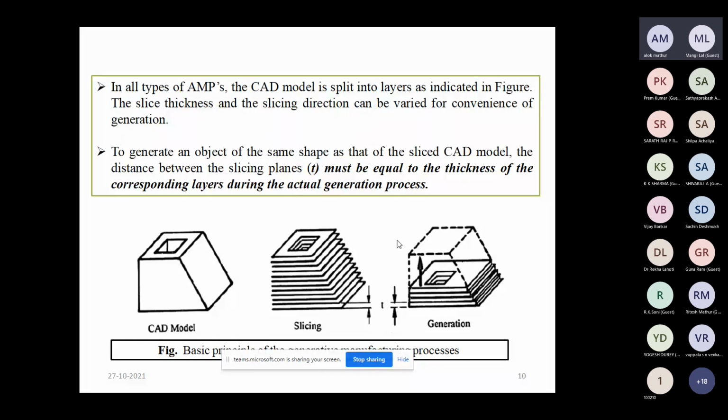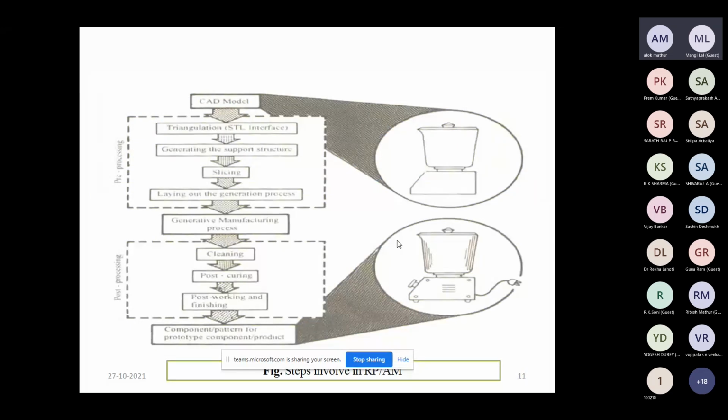So these are the steps involved in the rapid prototyping or additive manufacturing process. First of all, there are two categories: pre-processing steps. In pre-processing steps, we need the CAD model, then the triangulation of this CAD model, then generation of the support structure, because a support structure is needed in the 3D printing or additive manufacturing or rapid prototyping process.